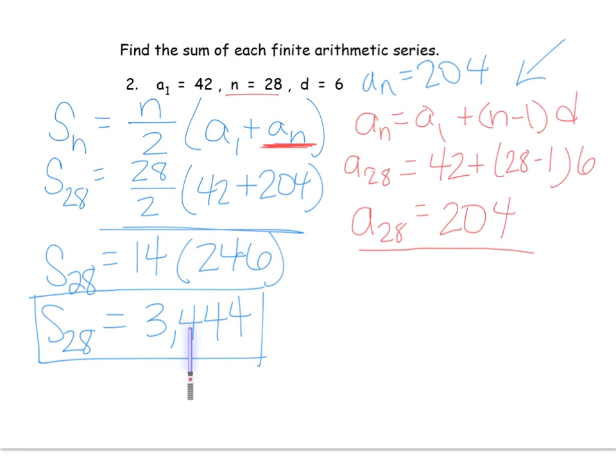So this is a variation on something where you have to do extra work. You have to use the arithmetic series formula, and you have to use the arithmetic sequence formula in order to get all the information you need to find the sum of the series.